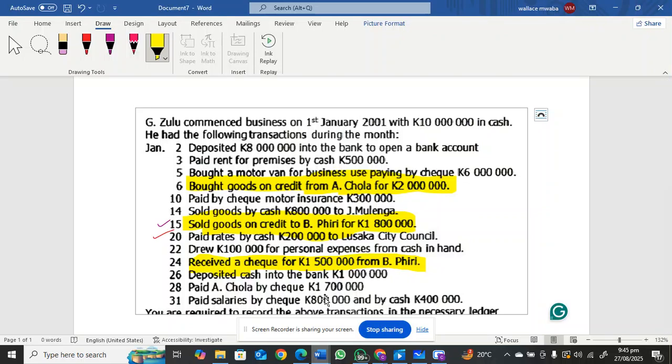Then you credit bank 800,000 and you credit cash 400,000. Any questions?